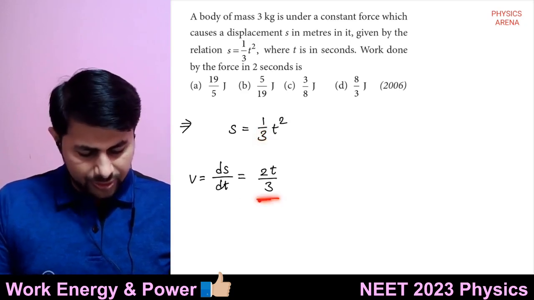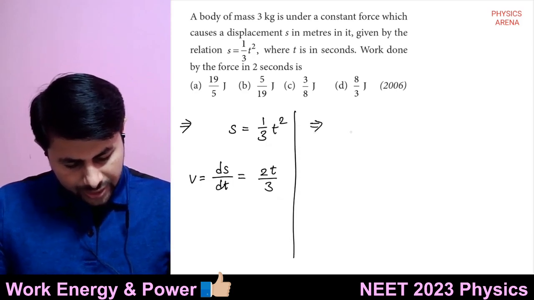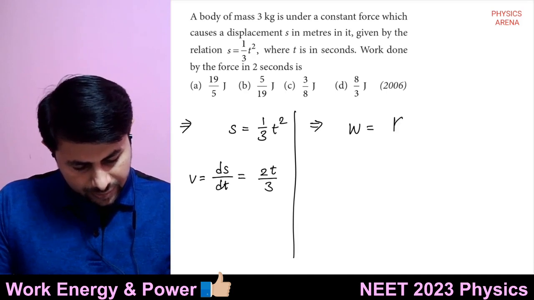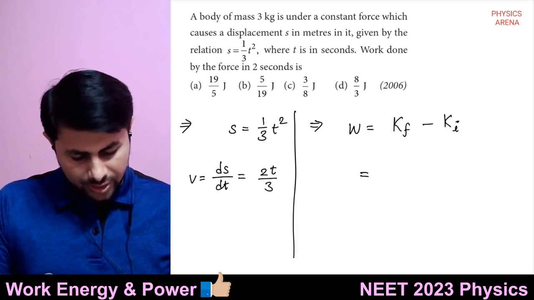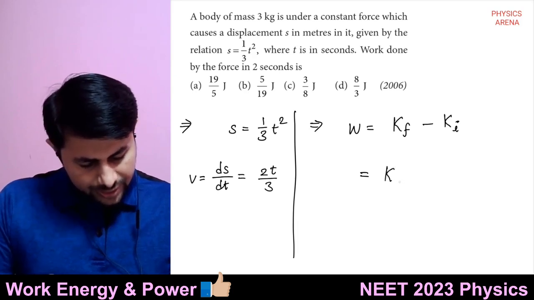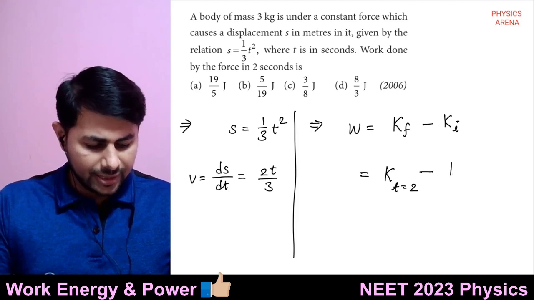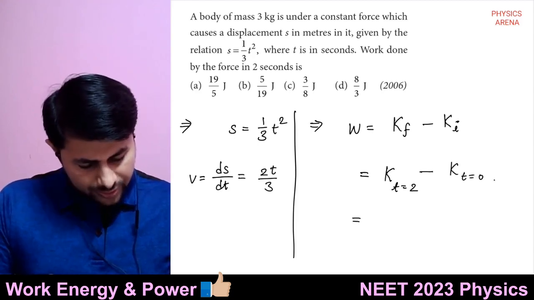So v is equal to this thing, and therefore you can say the work done is equal to final kinetic energy minus initial kinetic energy, or kinetic energy at t equals to 2 seconds minus kinetic energy at t equals to 0.